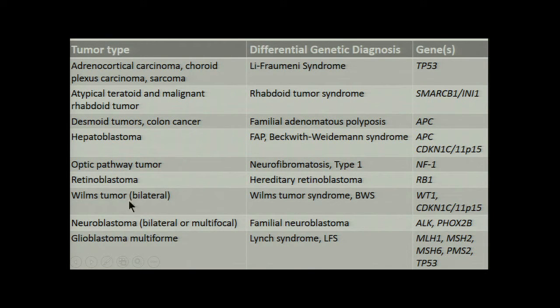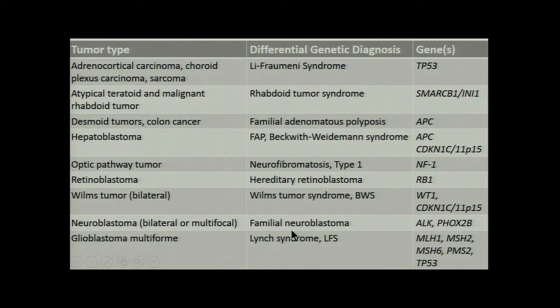Wilms tumor, especially bilateral Wilms tumor, is associated with Wilms tumor syndrome and Beckwith-Wiedemann syndrome. Neuroblastoma, especially bilateral or multifocal, can be caused by underlying mutations in ALK and PHOX2B. GBMs can be associated with certain syndromes.